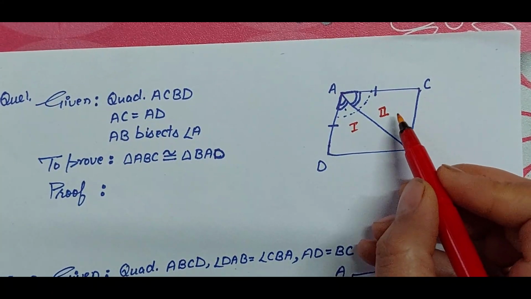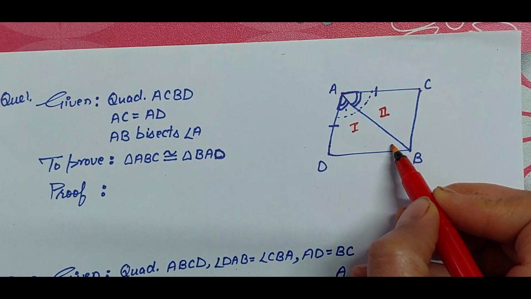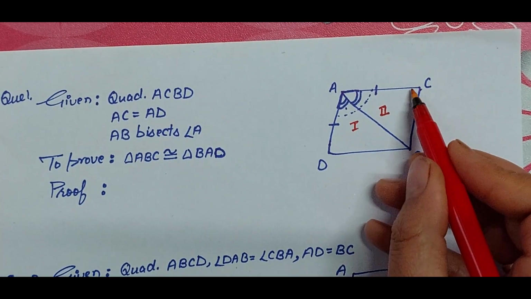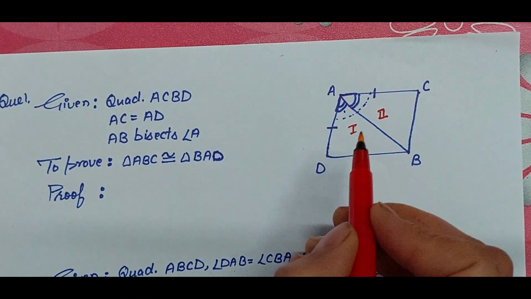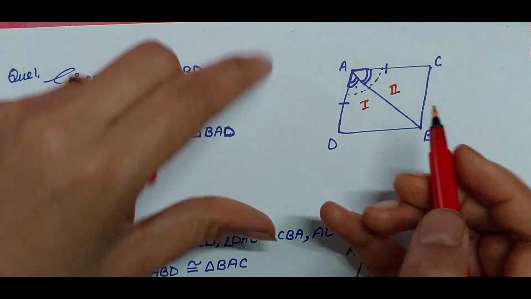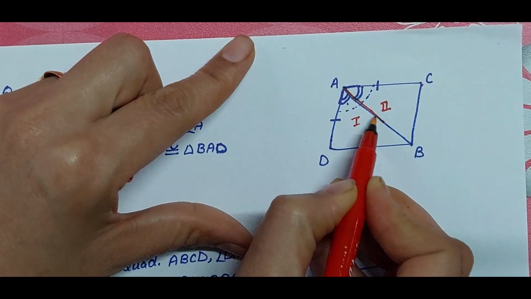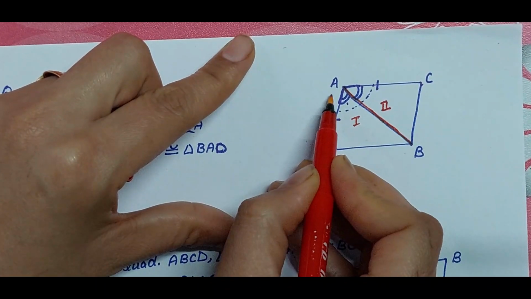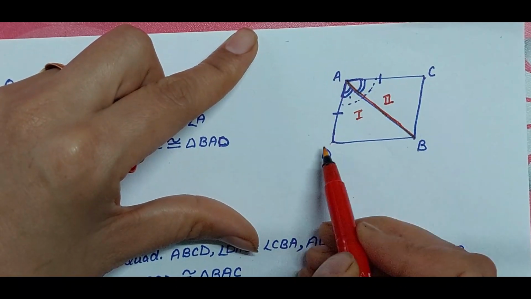So what else can be? This angle cannot be equal to this. In fact, this cannot be equal to this because it's a simple quadrilateral. So here we have the common arm, and we do have a logic. This arm AB of triangle ABC is equal to AB of triangle ADB.